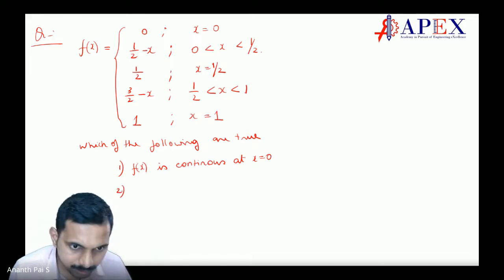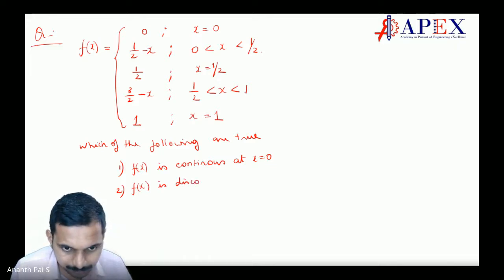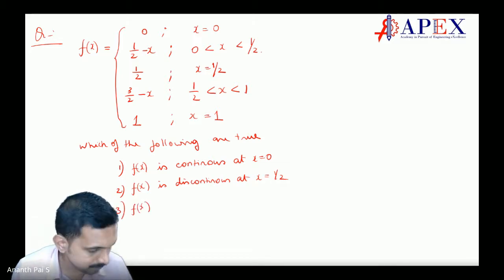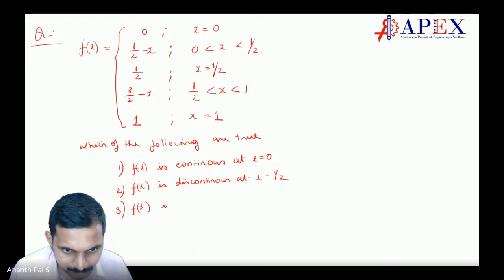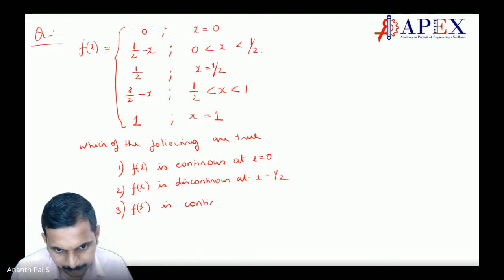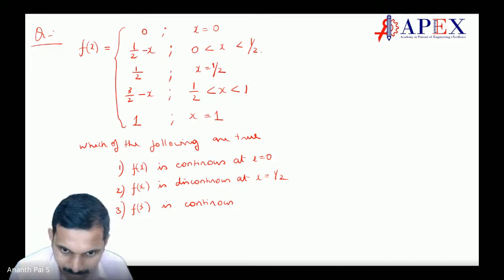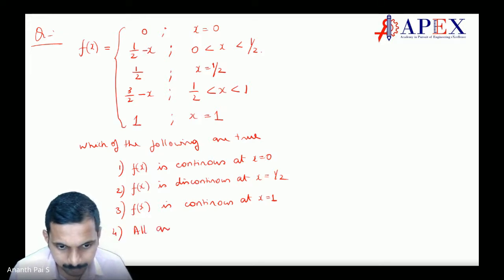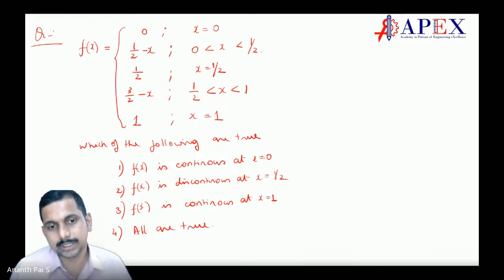Second: f of x is discontinuous at x is equal to half. Third: f of x is continuous at x is equal to 1. Fourth: all are true. Check that out.